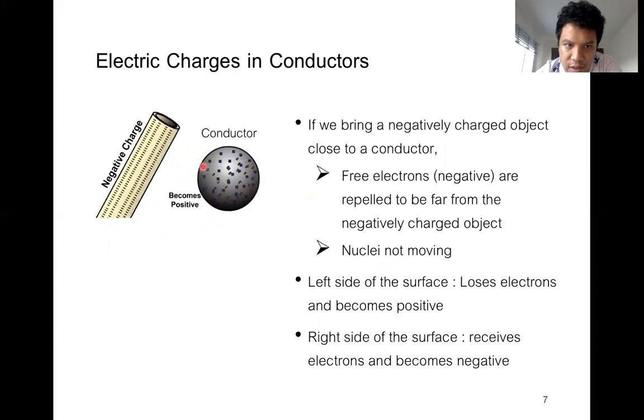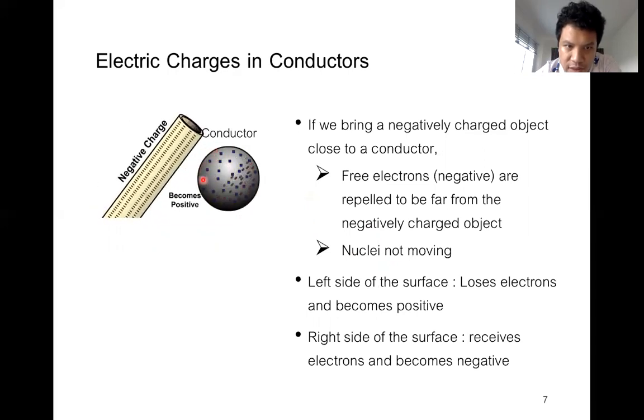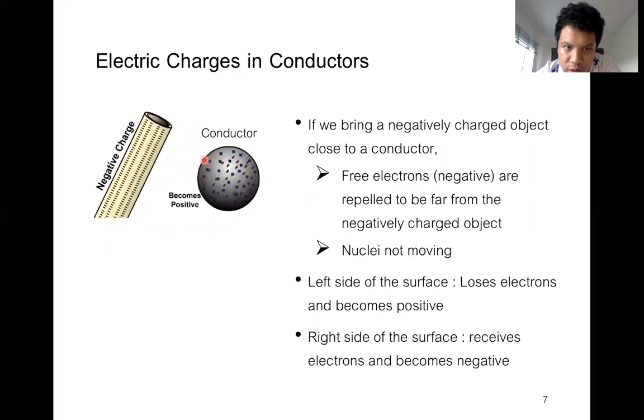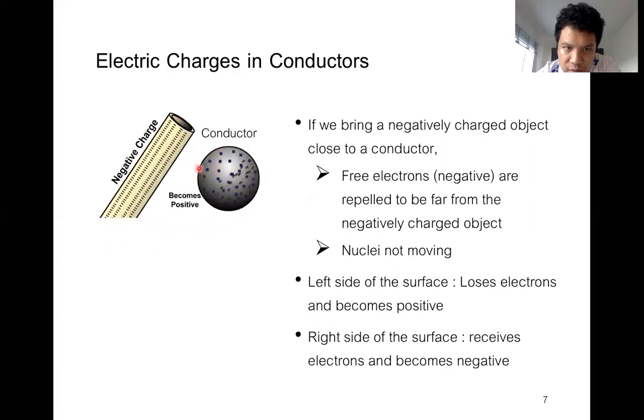So you can see that on the left hand side of the surface here. If you try to count the total charge, you can see that the total charge on the left hand side will become positive.